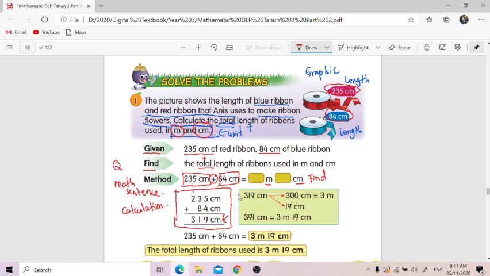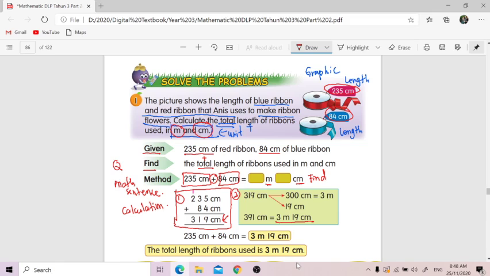Yes, so this is the first step, you just add. Second step is barulah yang ini. From the answer, you convert and put it in meter and centimeter form. So this is the second step.